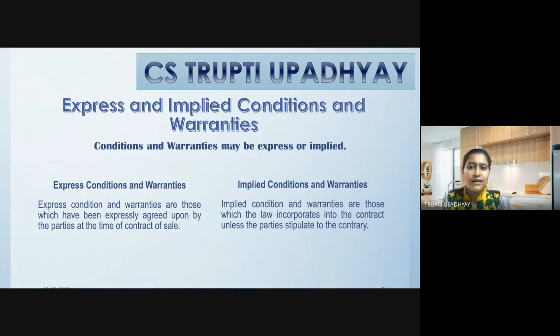So this way an implied condition can be avoided. But otherwise, in other cases, whether expressly mentioned or not, these implied conditions and warranties must be fulfilled when a contract of sale is entered into between the parties.